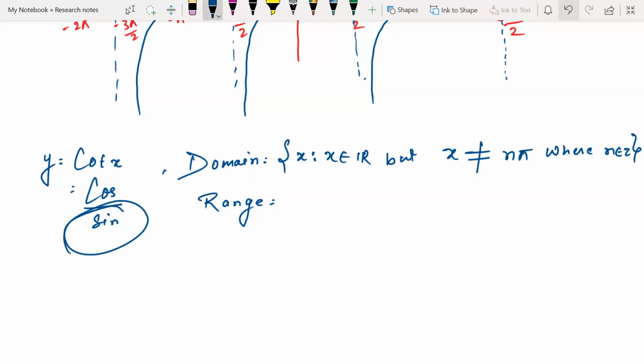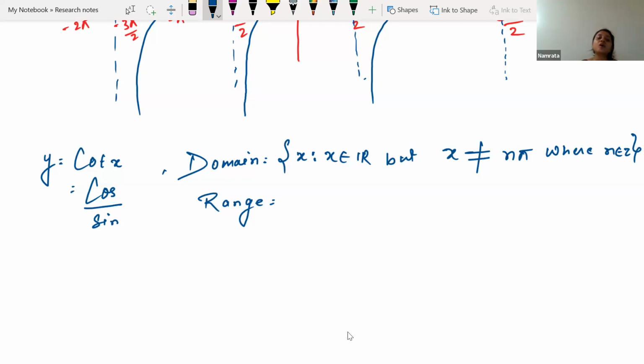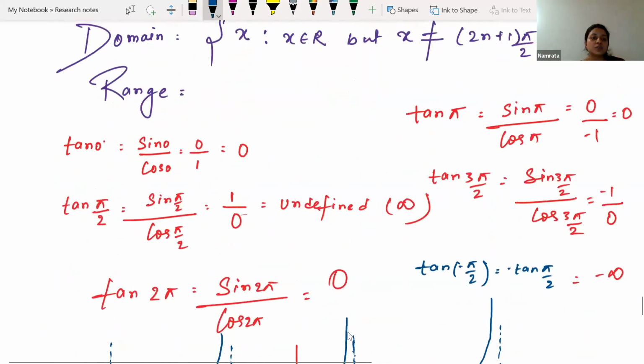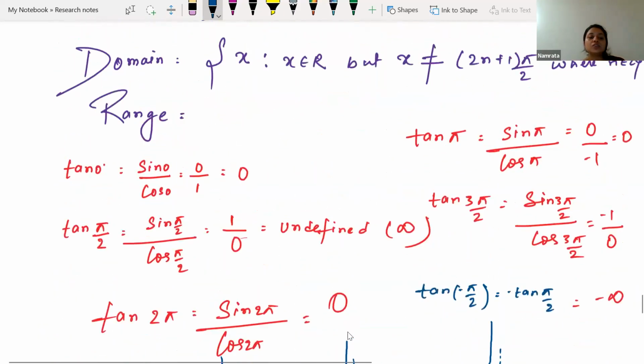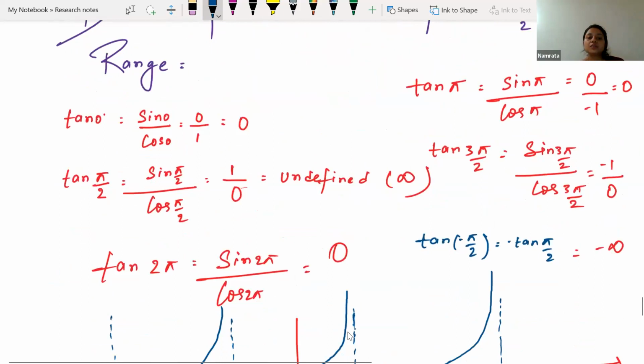What is the range? When you find the cot x value, let's reverse tan and find cot x. Tan 0 we have found as 0, but cot 0 will not be 0. Tan pi by 2 is 1 by 0.